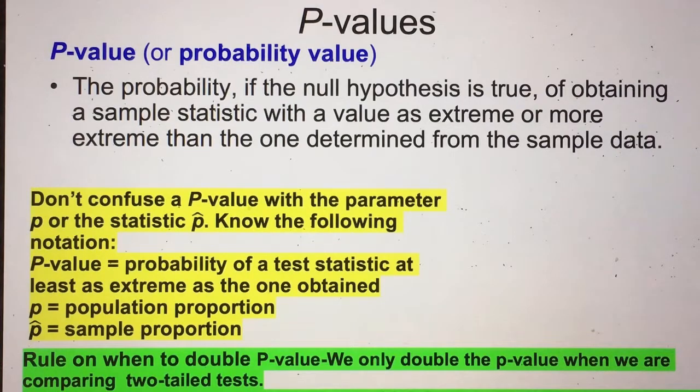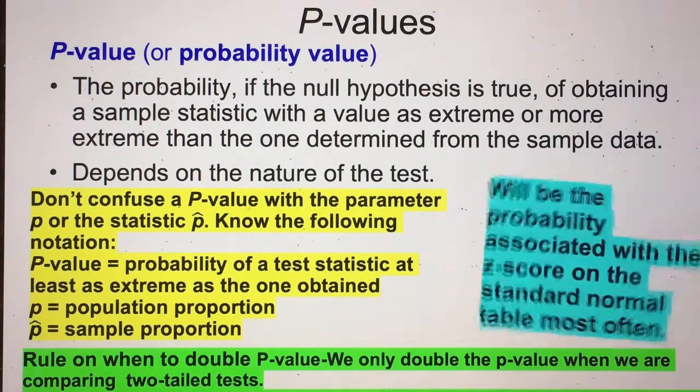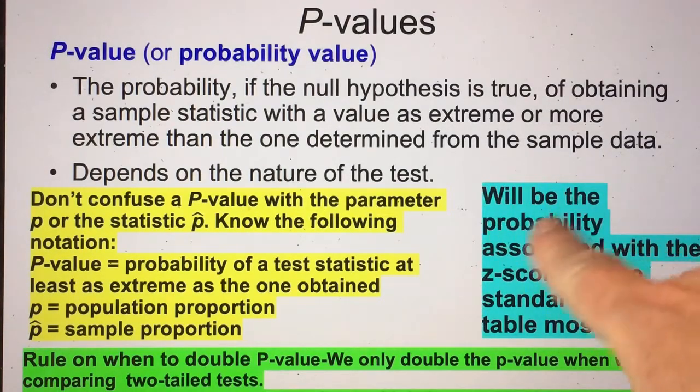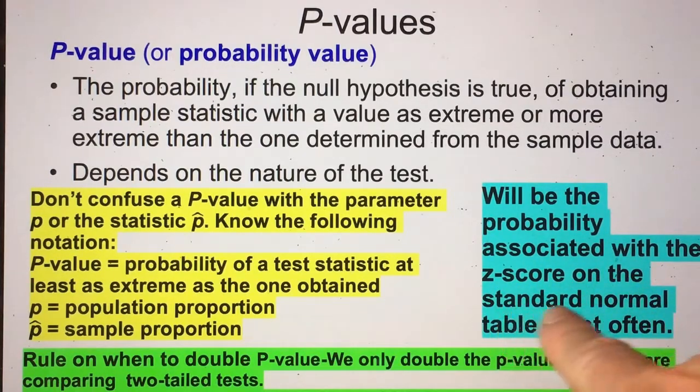So that's how we're going to do a p-value test, is compare the p-value with the alpha. And the p-value depends on the nature of the test. The p-value is also going to depend on the alpha value that we're using. Okay, it will be the probability associated with the z-score on the standard normal table most often.